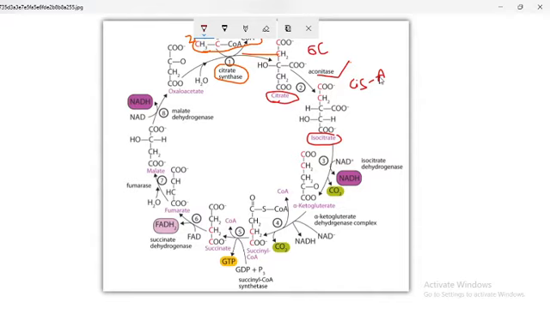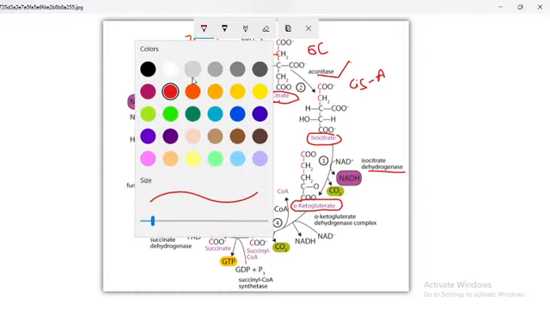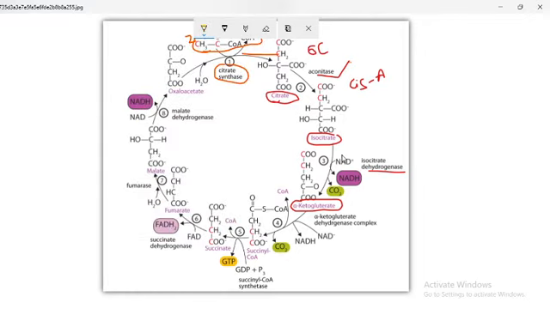Then this isocitrate gets converted into alpha ketoglutarate by the action of the enzyme isocitrate dehydrogenase. During this process NAD plus is utilized and NADH is released. This is the third step.